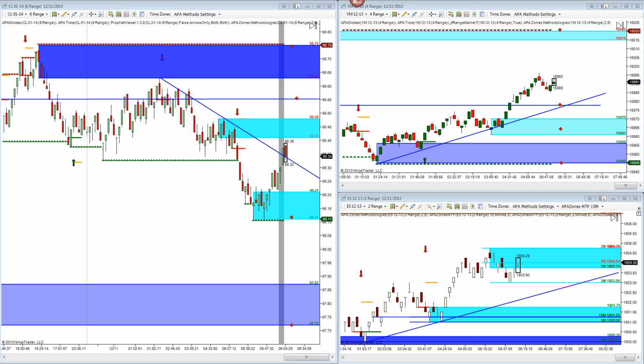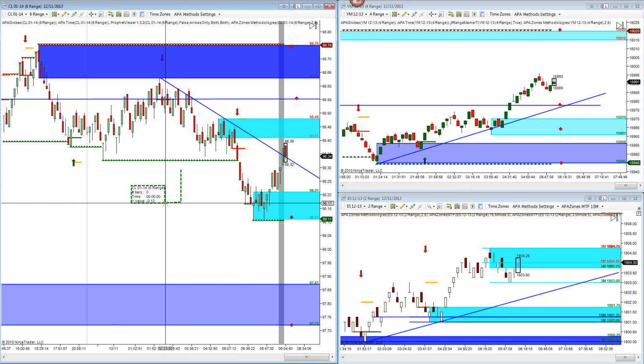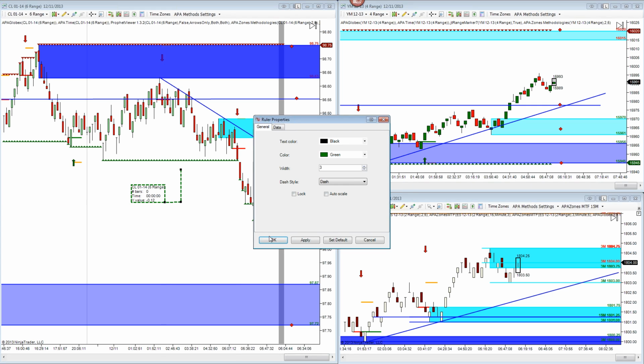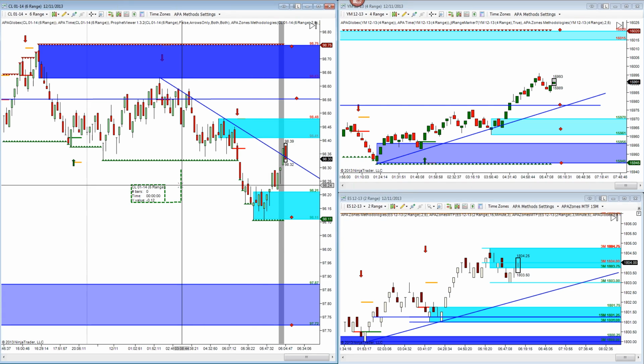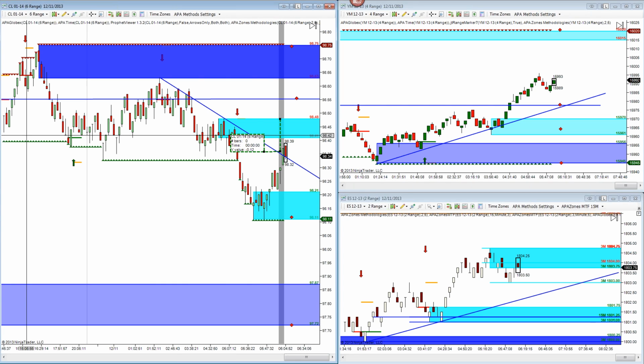Yeah, I like to keep the ruler tool handy just to measure out risk. I usually draw 12 ticks as my normal stop, so I keep that handy as I'm moving it around, looking at potential risk on any particular trade.